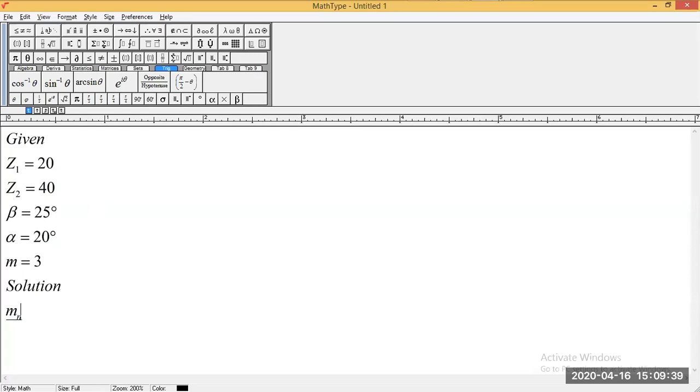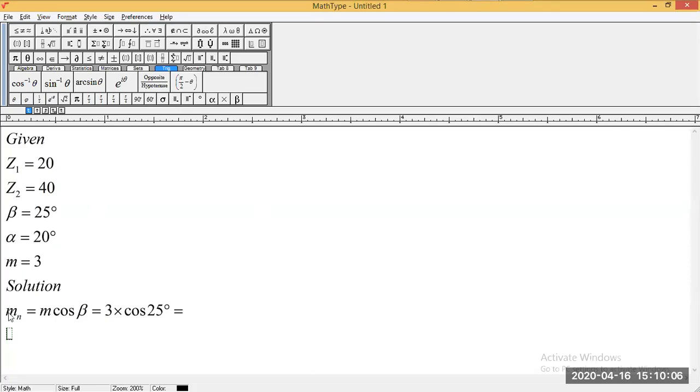mn equals m cos beta. Okay, so we can calculate this. This is just 3 times the module, and cos of beta, where beta is 25 degrees. The solution is posted in the group for those who are in.